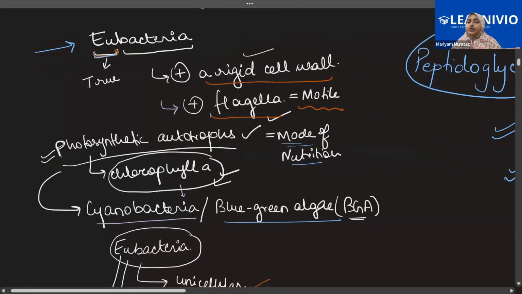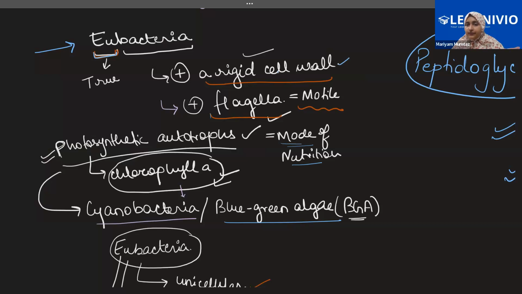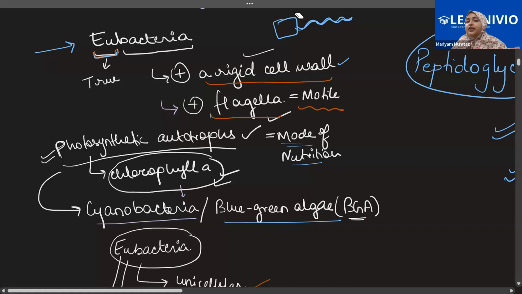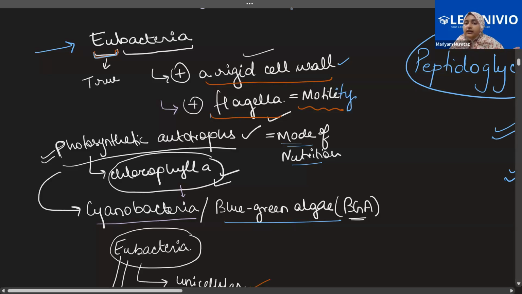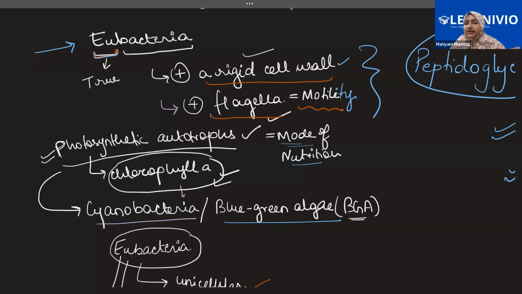So in the eubacteria, the cell wall is present, and it is made up of peptidoglycan. Now, the flagella is also present. For example, if this is a cell, the flagella is like this. This flagella is a tail-like structure that helps the bacteria to move, for motility or mobility. These two characters are present in the eubacteria.